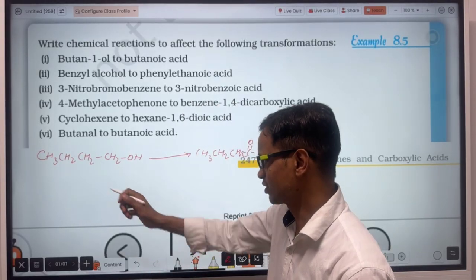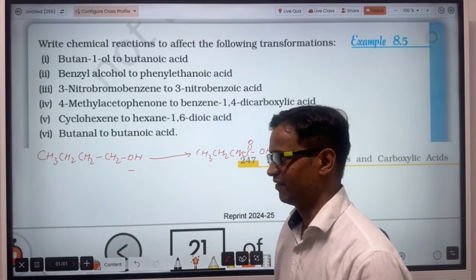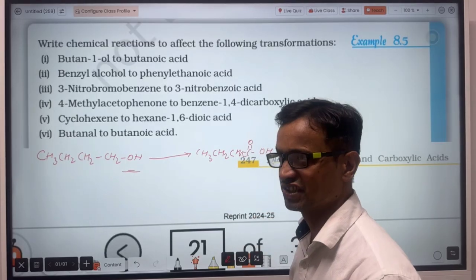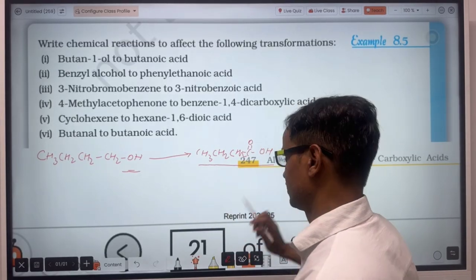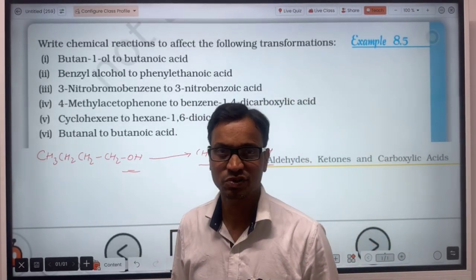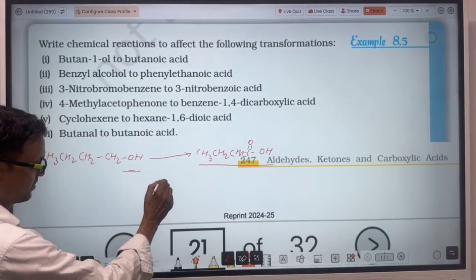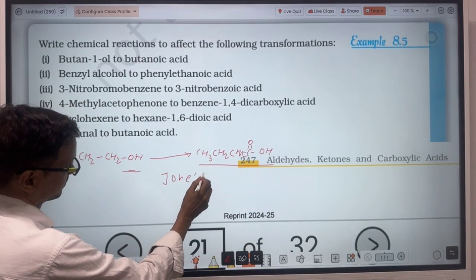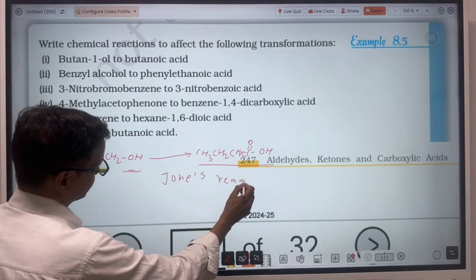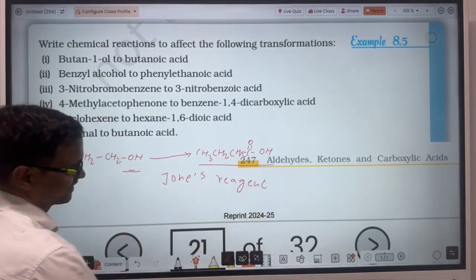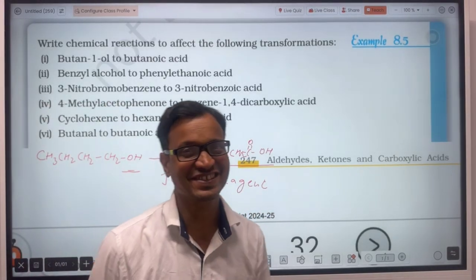Because when you take a strong oxidizing agent, the alcohol will convert into carboxylic acid, and one of them is Jones reagent. Okay, what is Jones reagent?